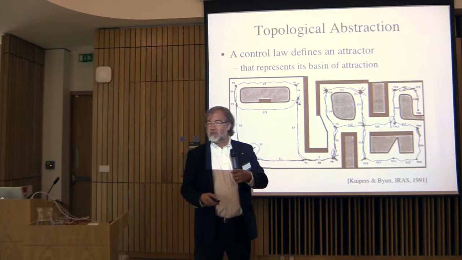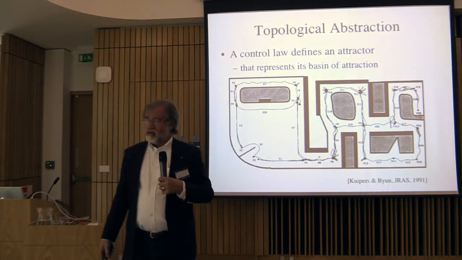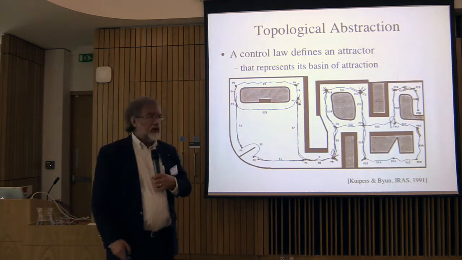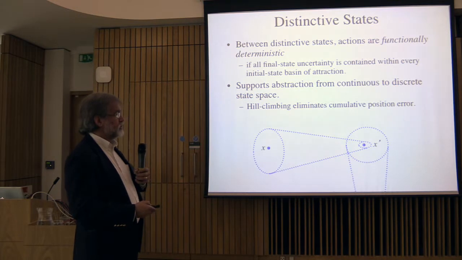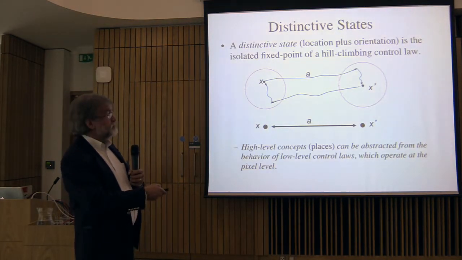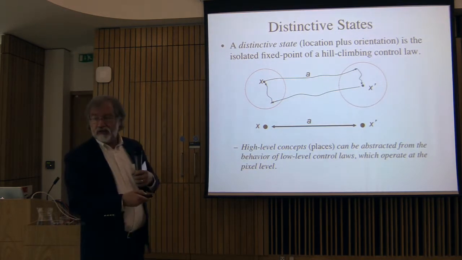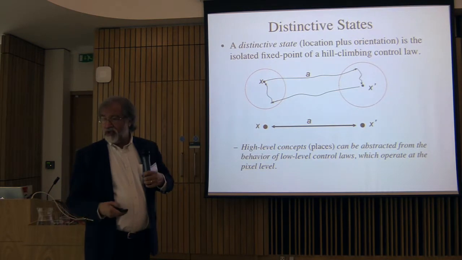Yes? So it seems to me the main danger is that there's sufficient noise in the movement between these distinctive states that you actually miss the target, and you're lost because you don't know where you are. Yes. So, for example, if you started out here and got enough noise that you missed this entirely, then you could have a problem.